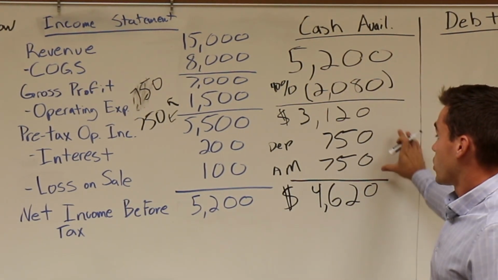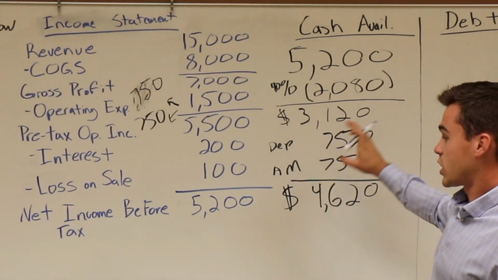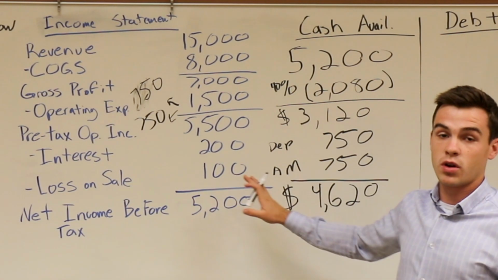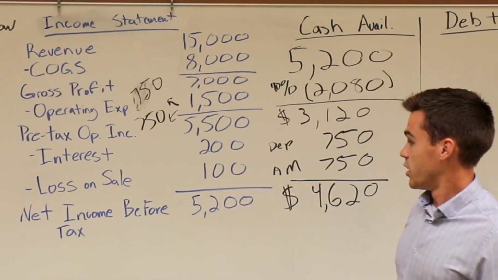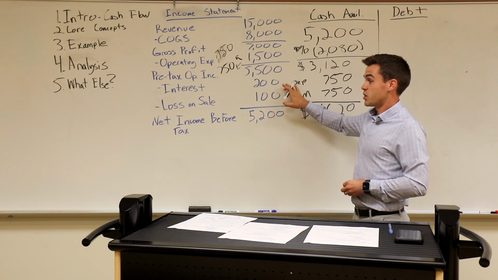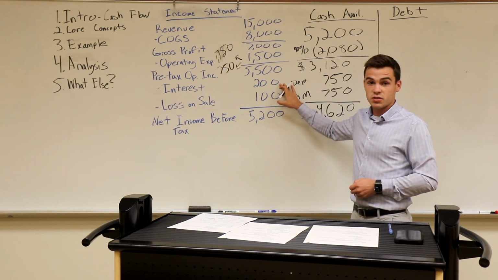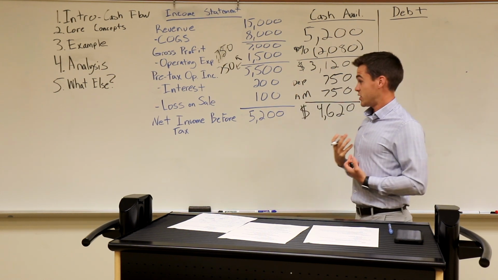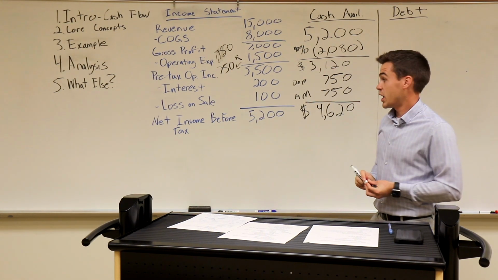So now that we've added back those non-cash items, there's a couple more things on the income statement we're going to want to apply to the cash available figure. One of those being interest expense. This one's a little bit tricky because this is something they're paying in cash to us, the bank. That's the interest expense that they're paying on their debt.